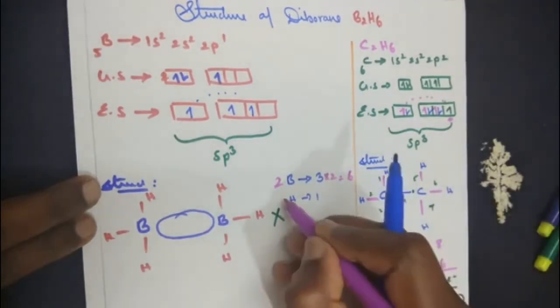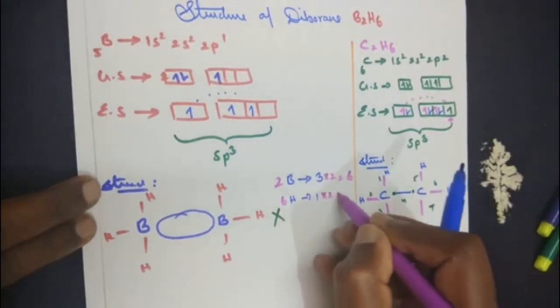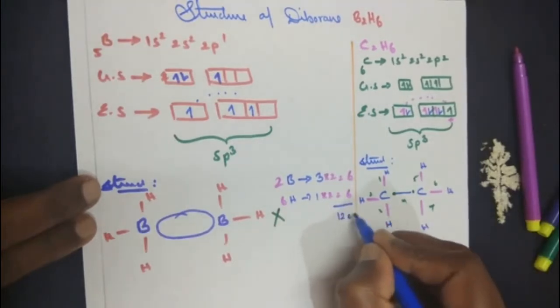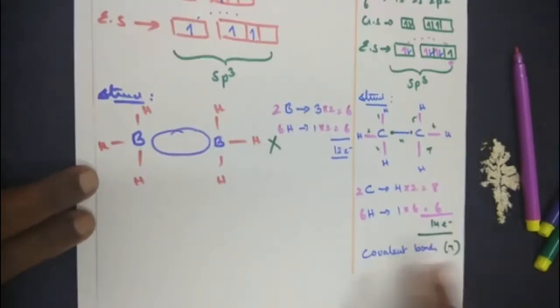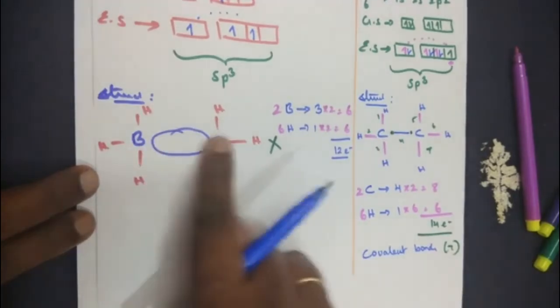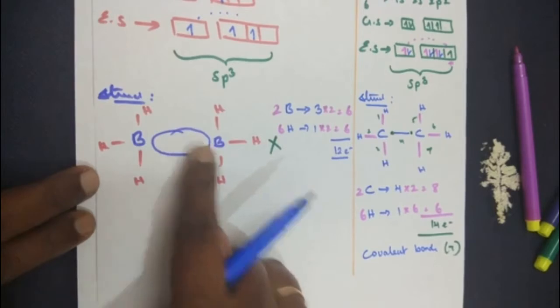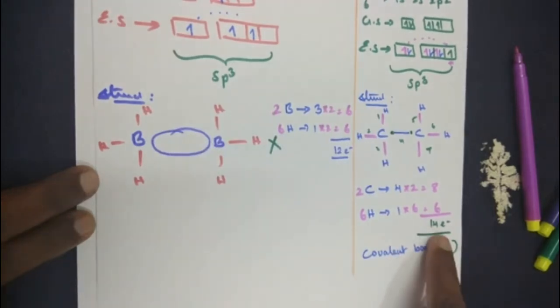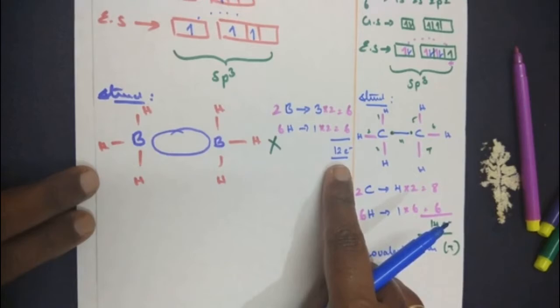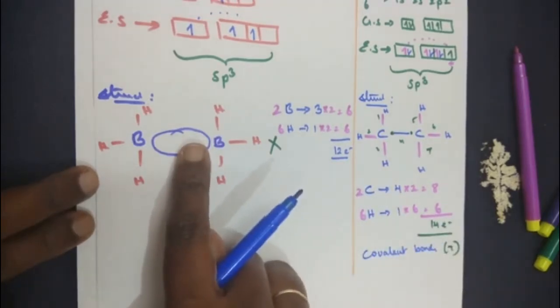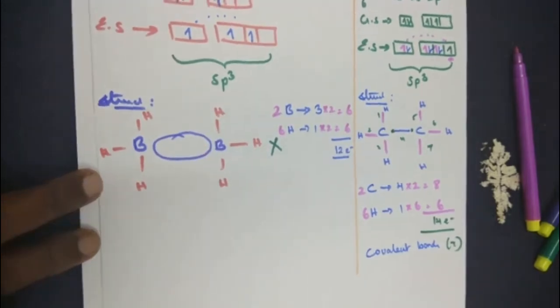So when we take 6 hydrogens, how many electrons will be there? 6 electrons. So together they make up 12 electrons. To form 7 covalent bonds, how many electrons do you require? 14 electrons. But how many electrons do we have here? Only 12 electrons. So this structure is not a proper explanation of diborane.